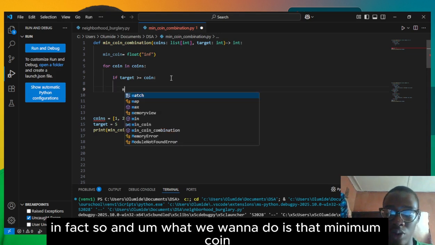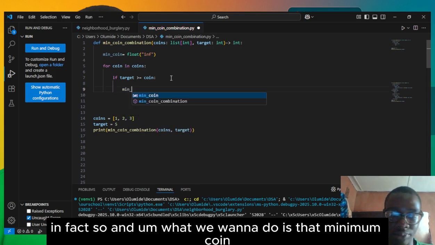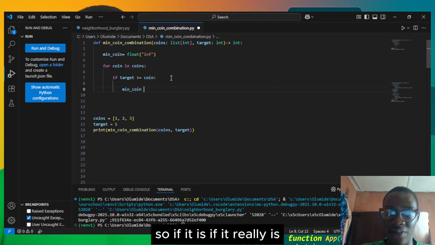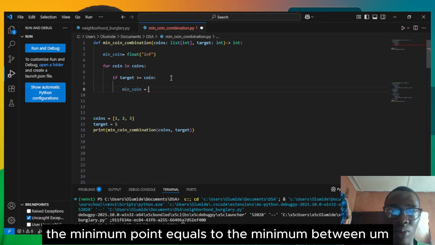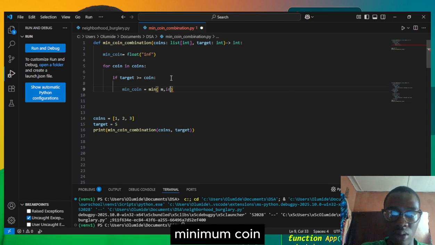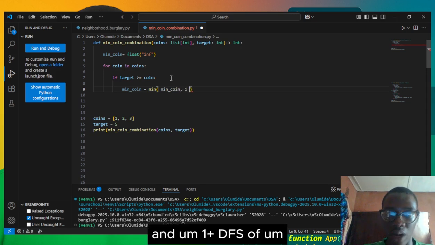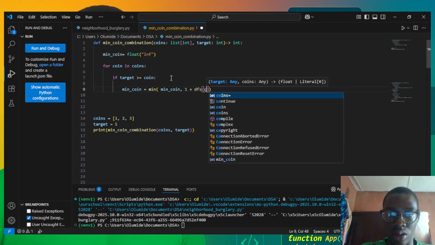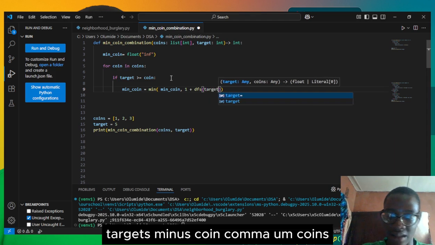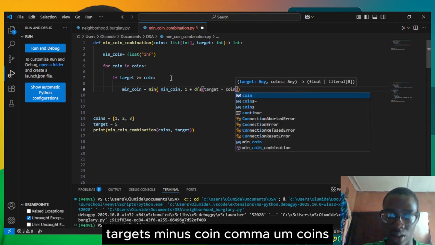So what we wanna do is that if it is greater than or equal to the coin, minimum coin equals the minimum between minimum coin and 1 plus DFS of target minus coin, comma coins.